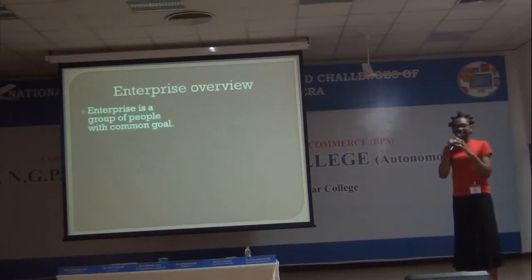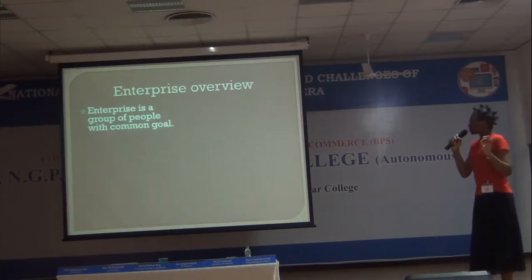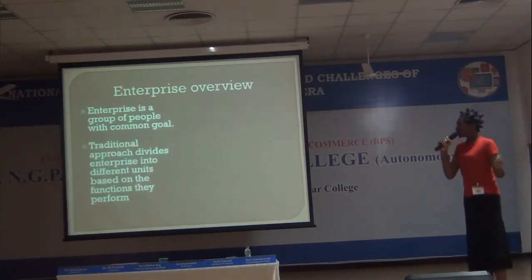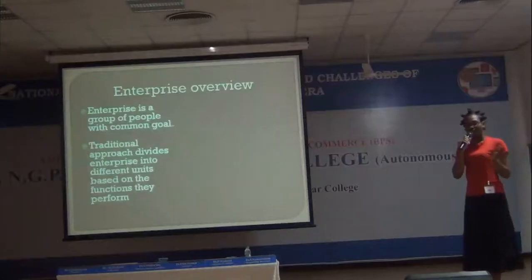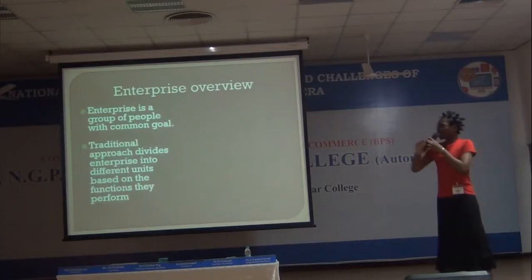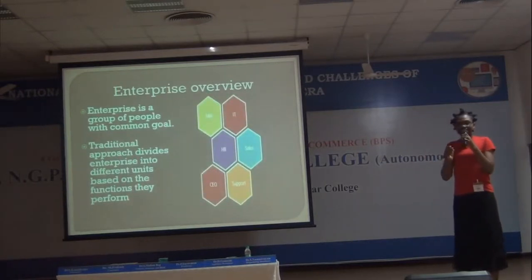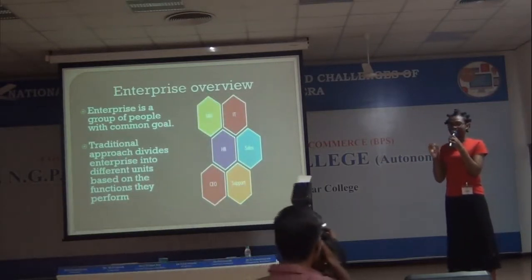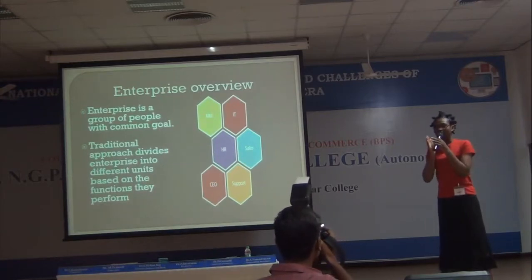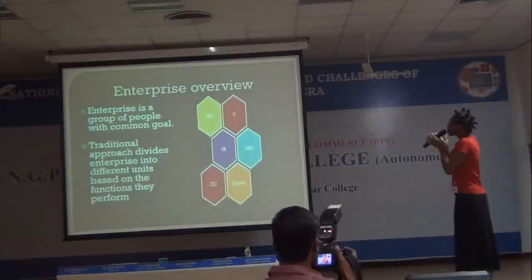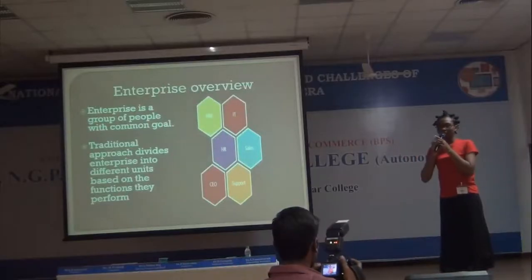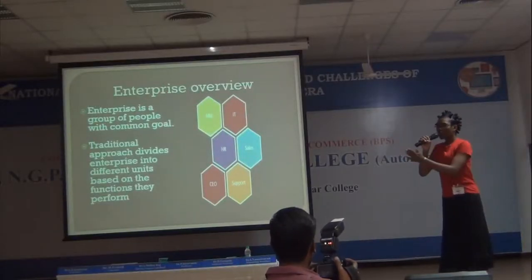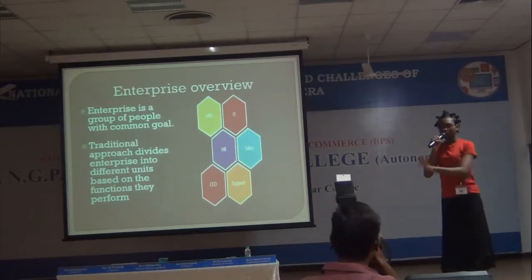An enterprise is generally a group of people with the same goal. So that's just the simple definition of an enterprise. Now, before the advent of ERP systems, an enterprise was not seen as a group of people with common goals, but each department worked with their separate objectives.